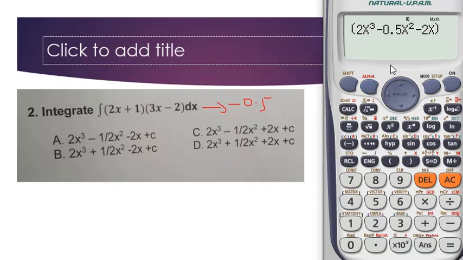Close that, and then you subtract that from the other limit, the lower limit. So we have 2y cubed minus 0.5y squared minus 2y.